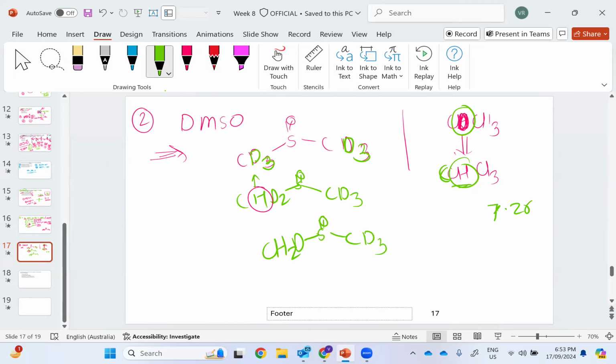Similarly, if three hydrogens are not replaced, we generally observe a broad multiplet in DMSO when you use it as a solvent.